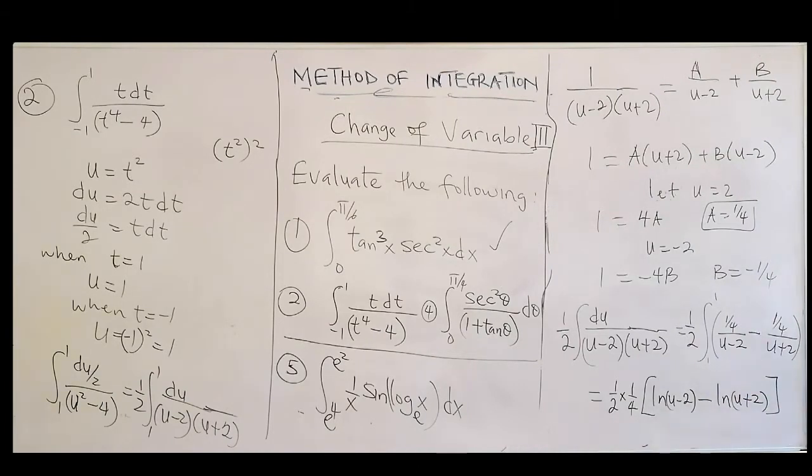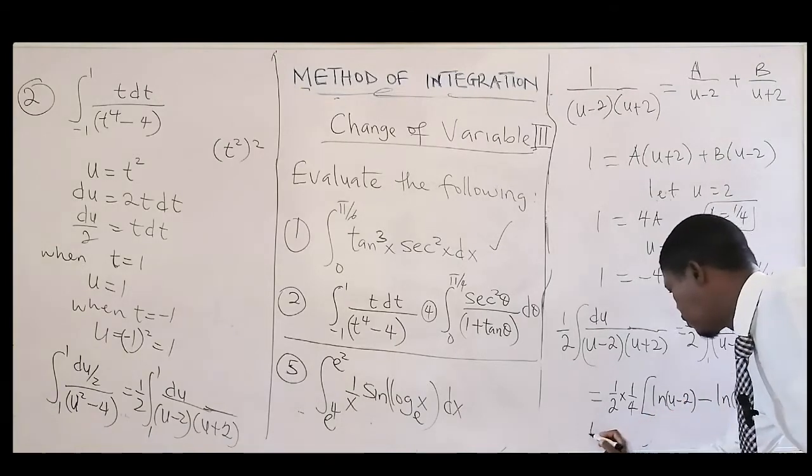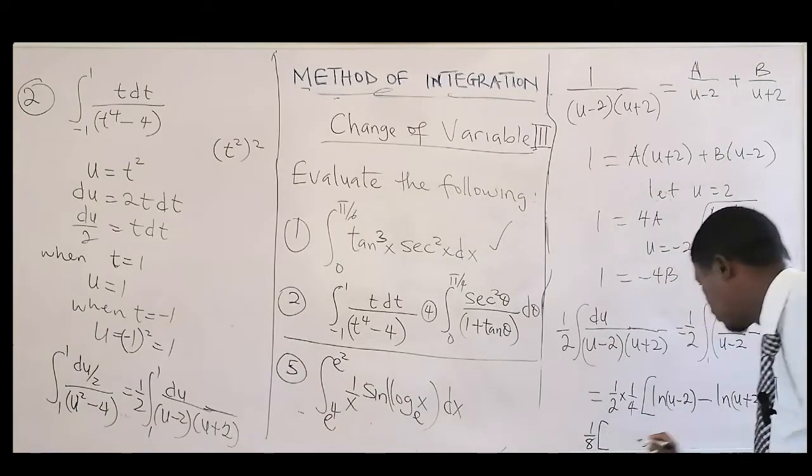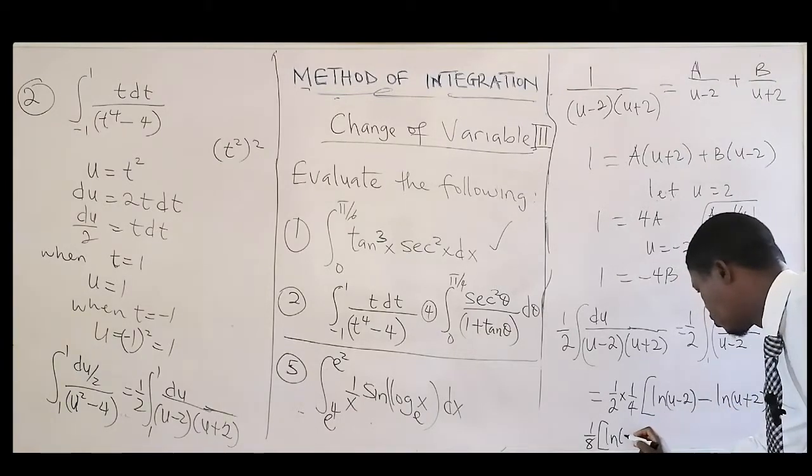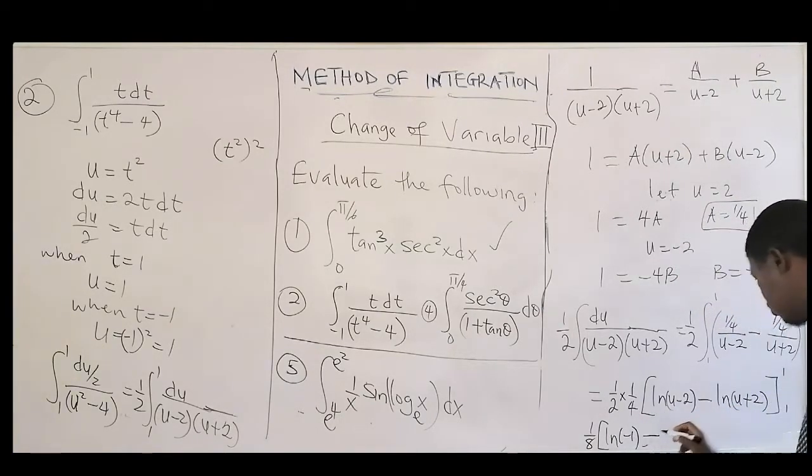So that's what we have there, so you can substitute 1 1. Okay, so that will be equal to, for the first one, 1 over 8 here into brackets. For the upper one, that will be 1 minus 2, and then minus, that means minus 1, then minus 3.